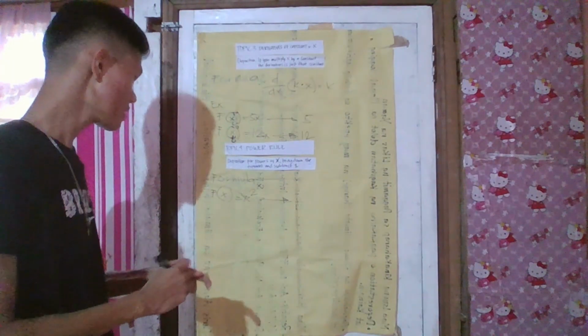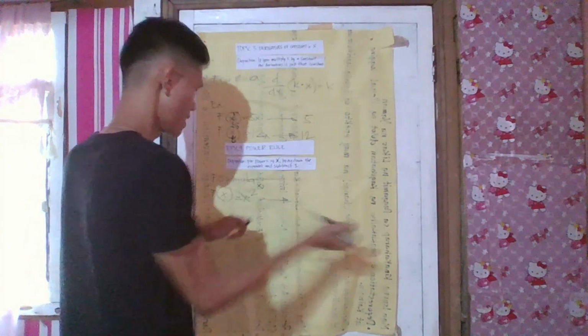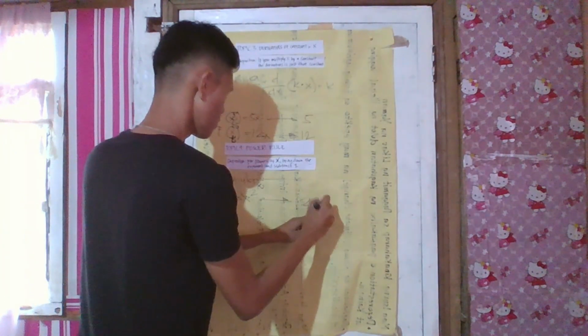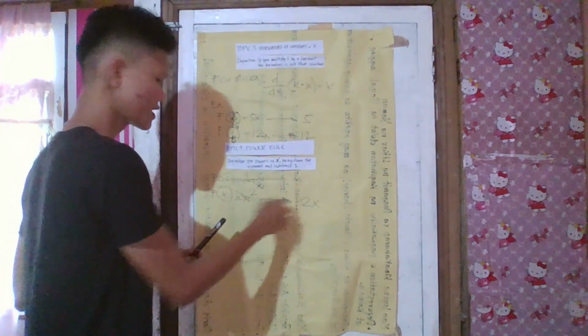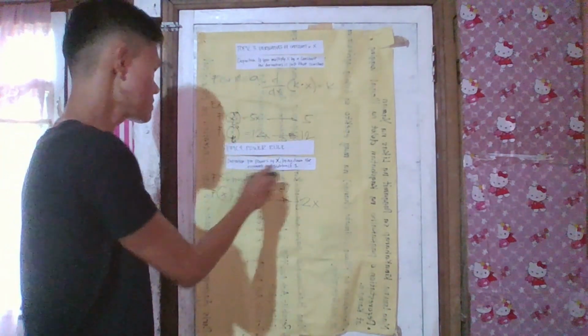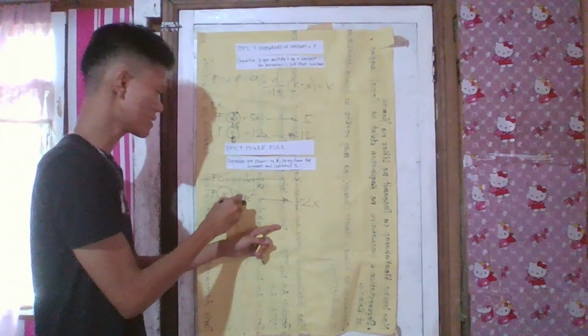What is the derivative of x squared? The derivative is 2x. It's not x squared anymore. The derivative is 2x.